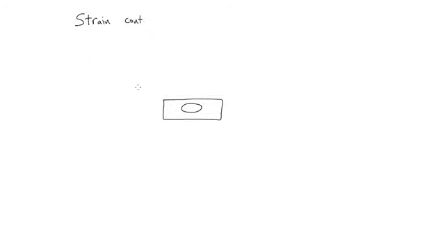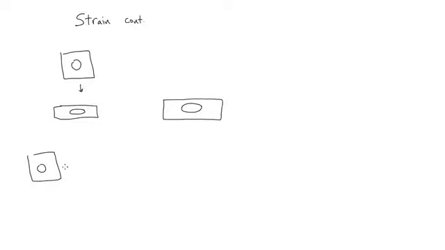So one way we could get to this state would be if we took something and just, in one step, squished it down, right? That's one way to do it. We could also potentially take something, shrink it down, and then stretch it out.